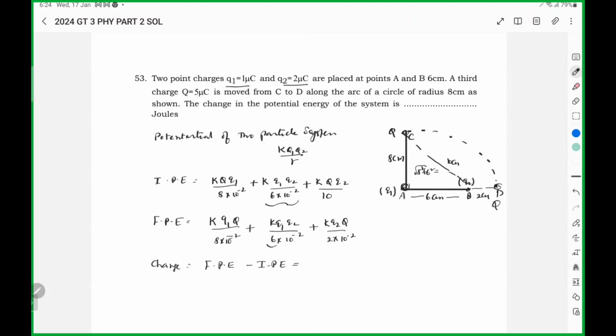These two are the same, so they get cancelled out. Here these two are also the same, they get cancelled out. Only K Q2 Q by 2 into 10 power minus 2 remains.